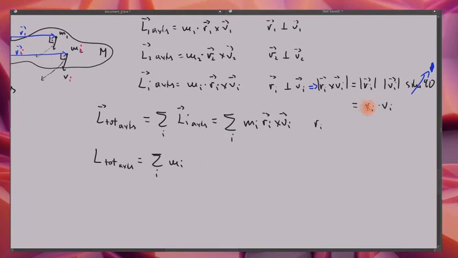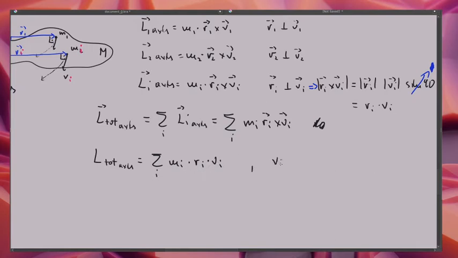It's just the magnitude of R times the magnitude of V. So what I can do is I want the magnitude of L here. So this becomes Mi times Ri times Vi, and I'm not putting vector notation, I'm just writing out the magnitudes. But then I can go a little farther.